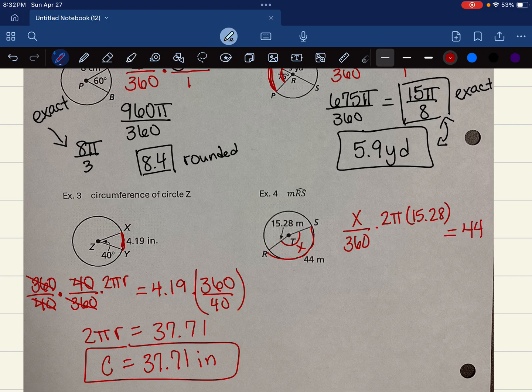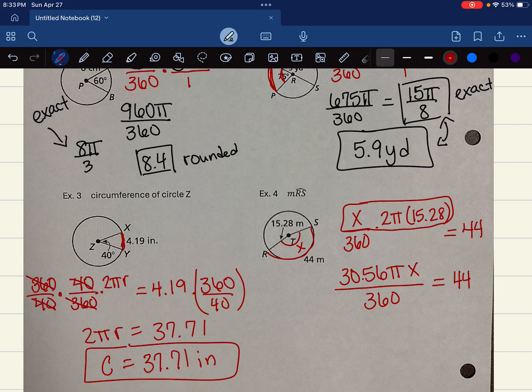Now, I would do the same thing here. I would multiply everything on top down to a single answer, right, other than x. So really just 15.28 times 2, which is going to give you 30.56 pi, and then we still have that x on top, all over 360, equal to 44. Now, I would probably do it in 2 steps.